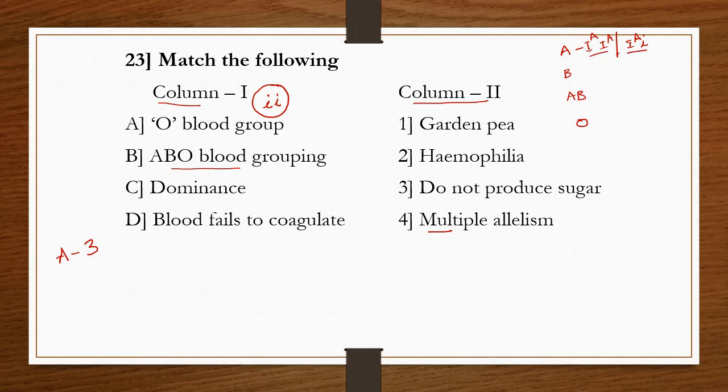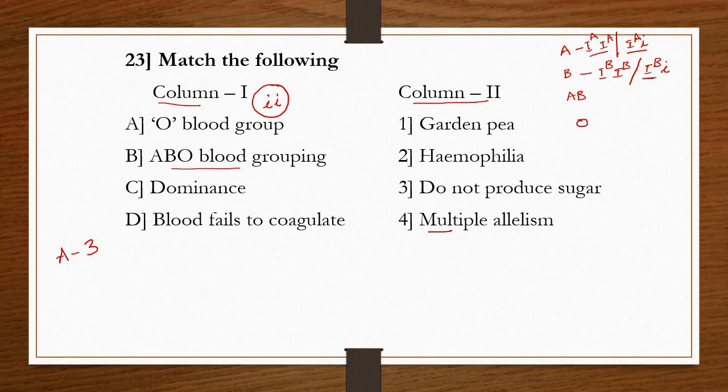Similarly, the B blood group is represented with IB IB or IB small i. Here IB is dominant, so it will express as a B blood group.